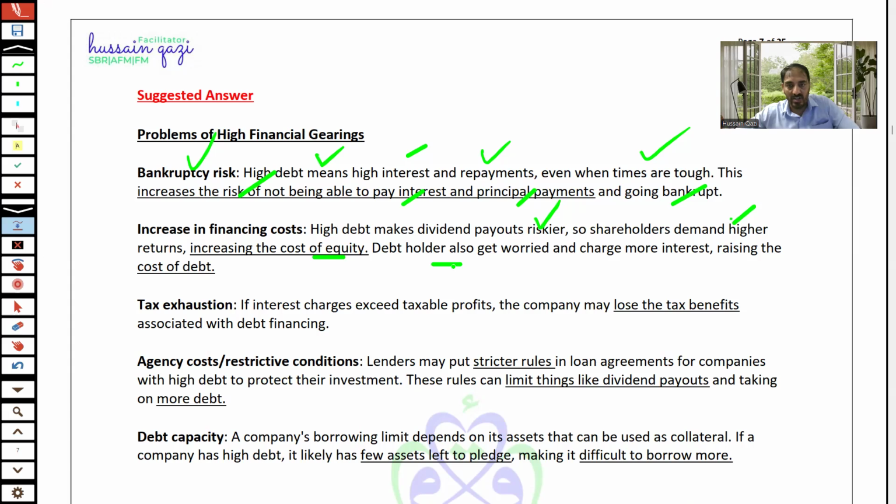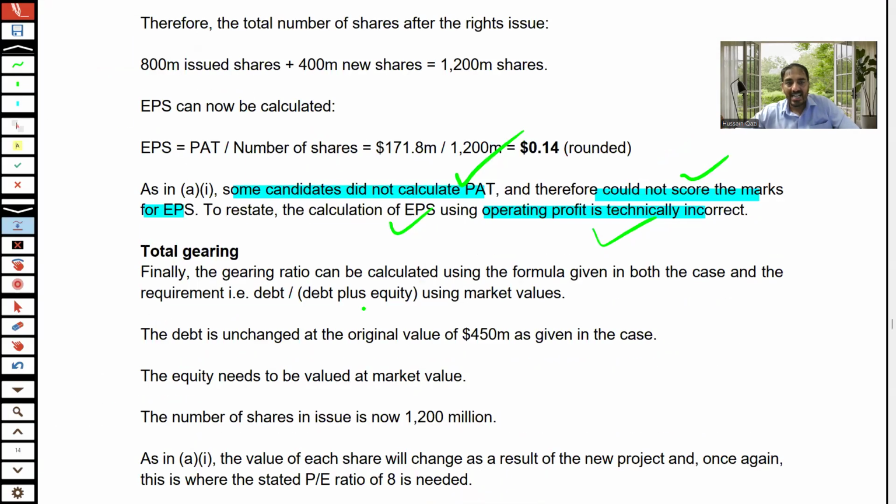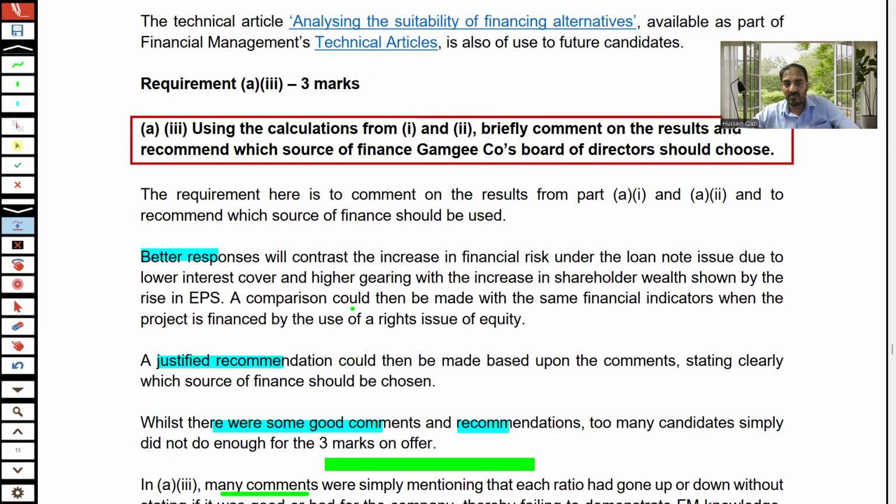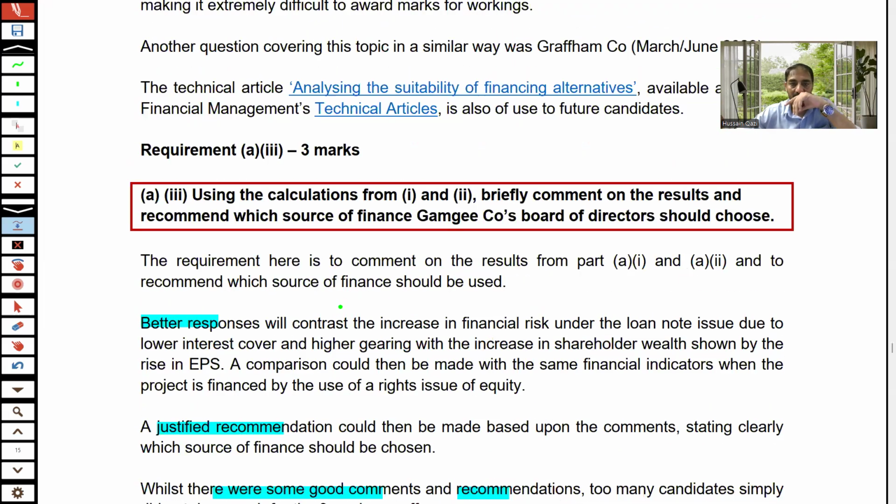Before moving forward, I wanted to cover the examiner report here for both points. Both points means, number one, the comments we have covered.